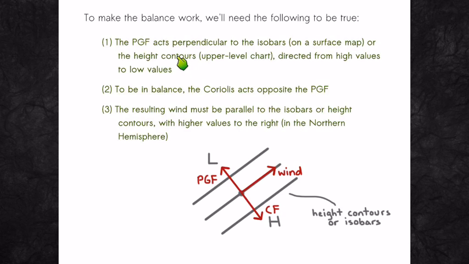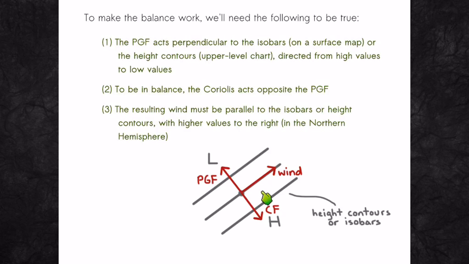If you're given a pressure map, you can infer the PGF from the pressure information. You know that the Coriolis force is roughly in balance at large scales, as long as we're looking at large scales. And then finally, if I know the direction of the Coriolis force, since the Coriolis force is perpendicular to the wind, that also tells me the direction of the wind.